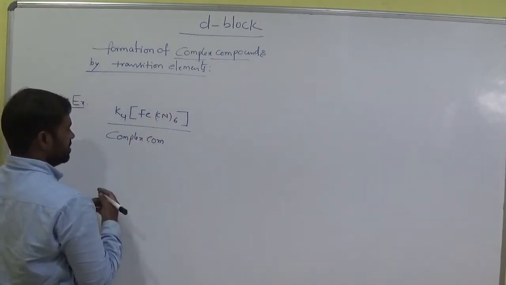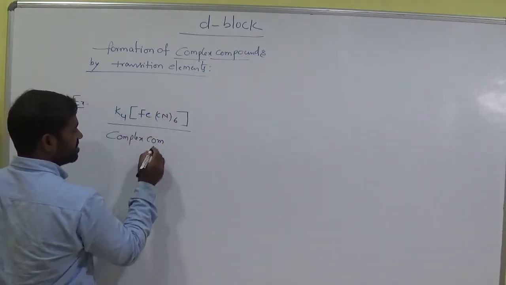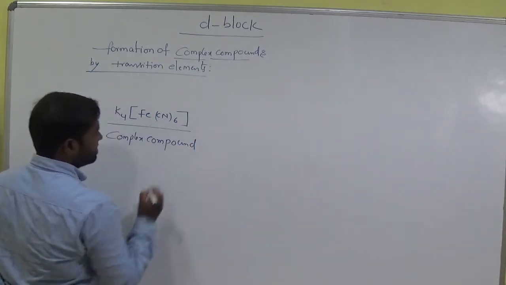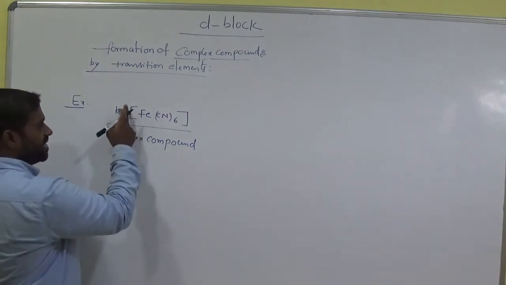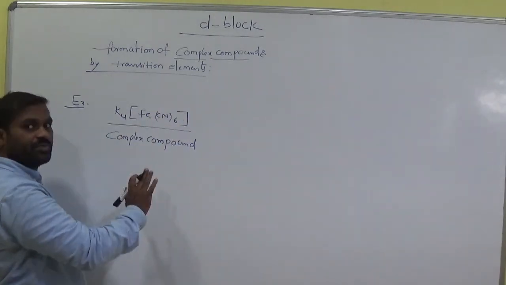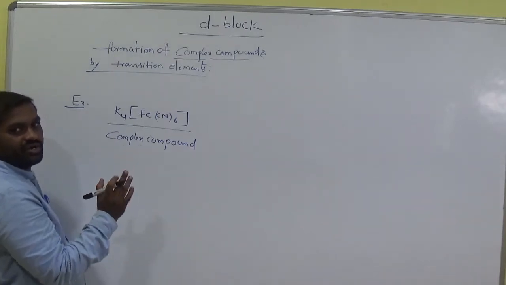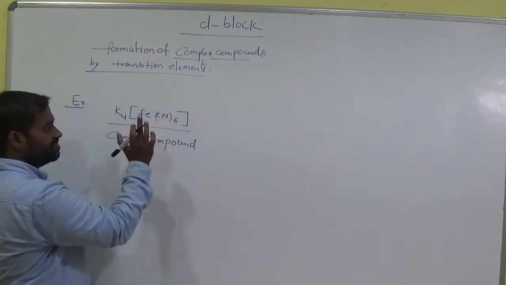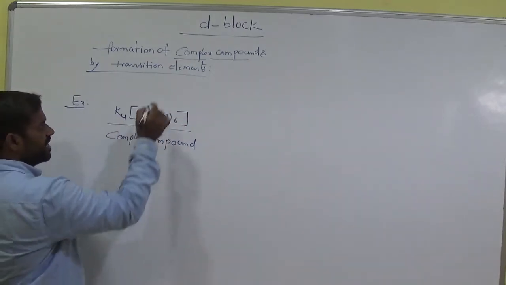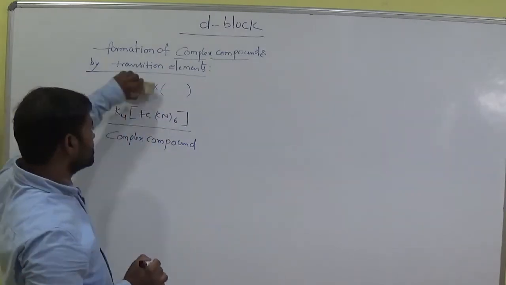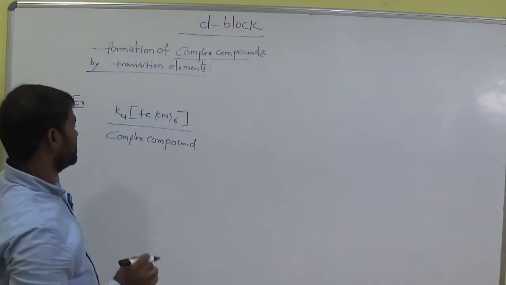Let's see a brief explanation regarding this. This is a square bracket. You should mention it like this only. We have a separate topic on coordination compounds, later we will discuss. You just remember this is a square bracket. Don't write parentheses, this is the wrong method. So this is the complex compound.